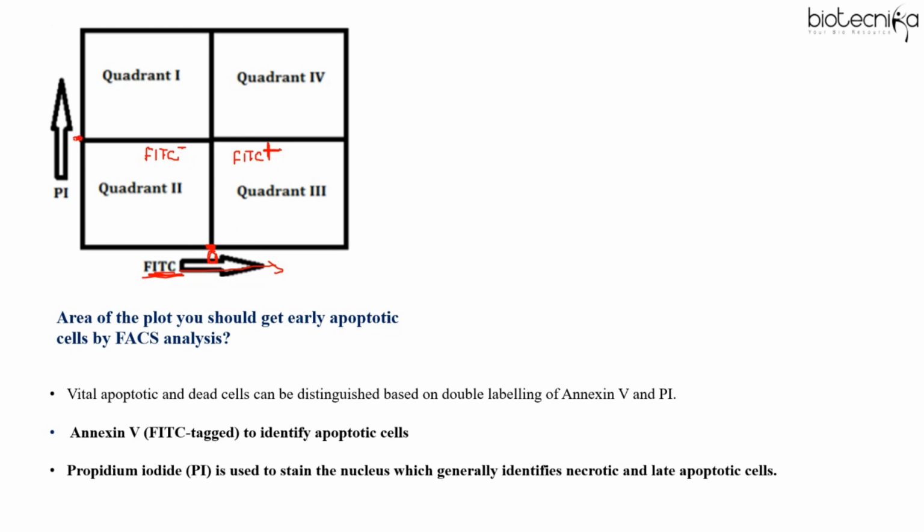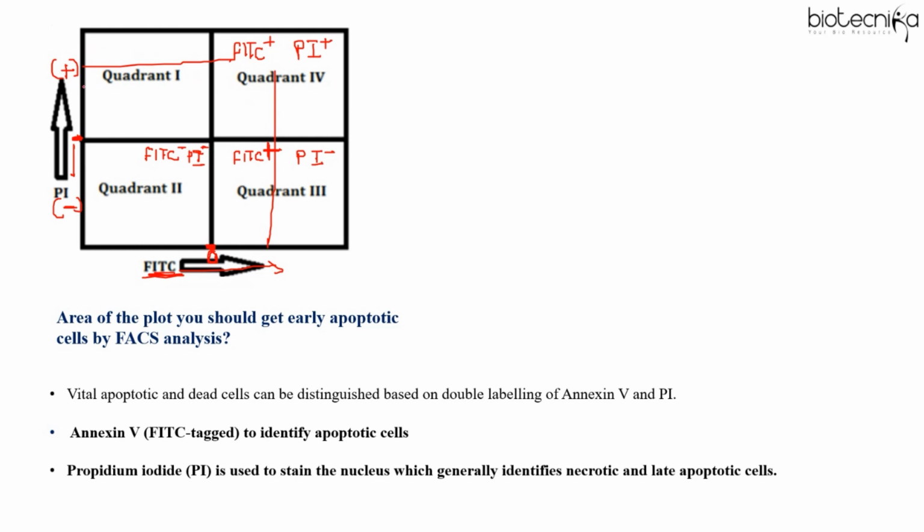Then if I'm considering this y-axis as a reference point, this one will indicate the absence and this one will indicate presence. So that means this quadrant will indicate absence of PI, right? You can see this is minus, and this one will also indicate absence. Now here if you see quadrant 4, this one will show presence of both FITC and propidium iodide, because you can see it here and even here for FITC.